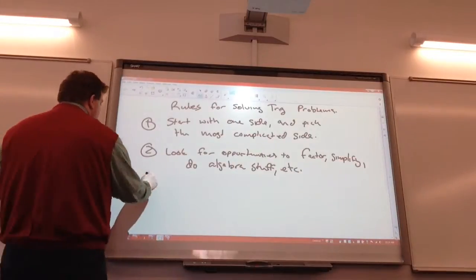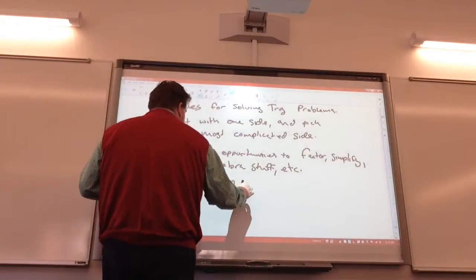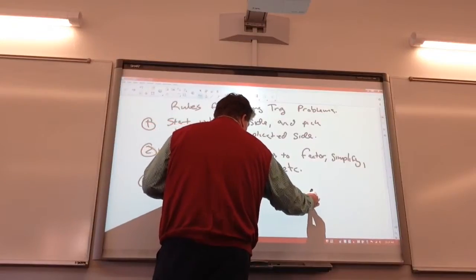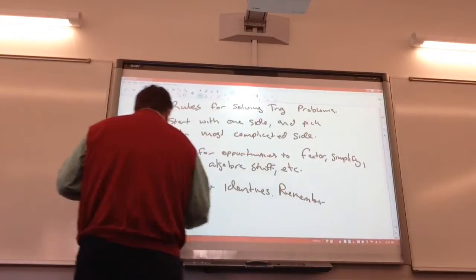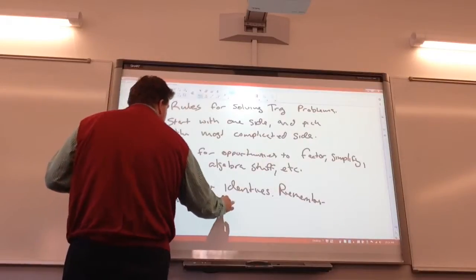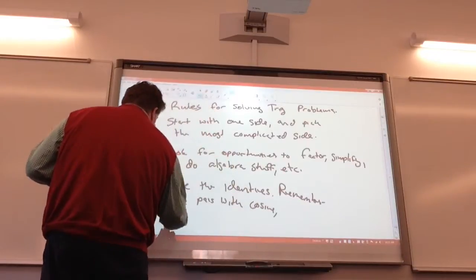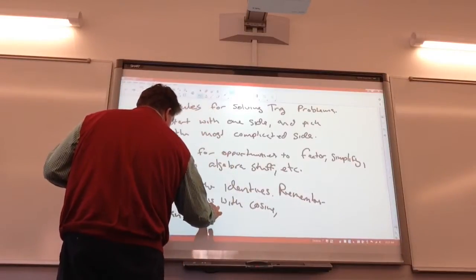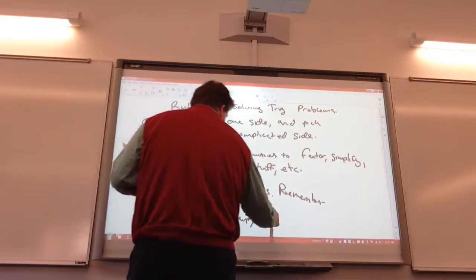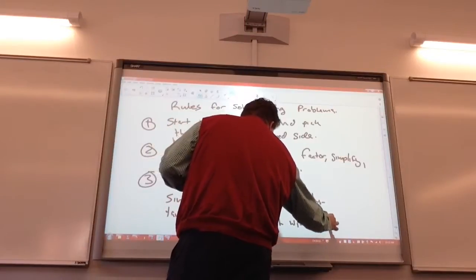Basically, 3, use the identities. Remember that sine pairs with cosine, tangent with secant, and cotangent with cosecant.